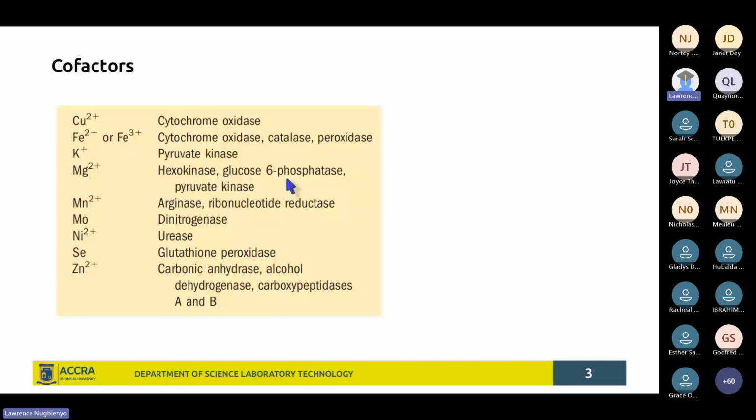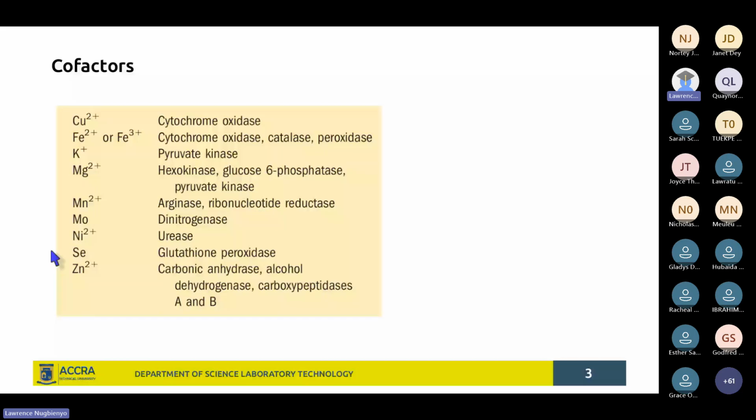Manganese ions can also be cofactors to arginase and ribonucleotide reductase. You do remember the amino acid arginine, so arginase will be an enzyme involved in the breakdown of arginine. Ribonucleotide reductase will be involved in reduction of the ribonucleotide, or you can say it's an enzyme that acts in nucleic acid metabolism.